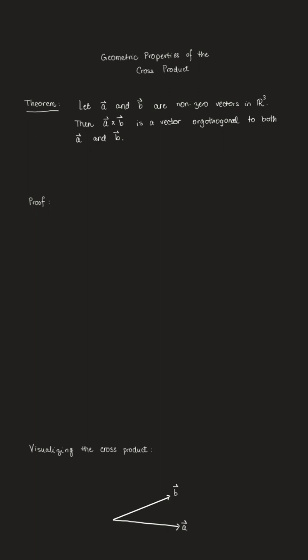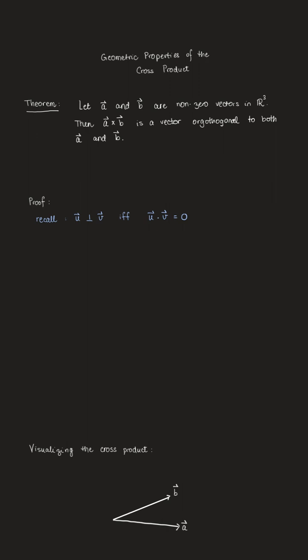Recall that two vectors U and V are perpendicular, or orthogonal, if and only if the dot product between them is equal to 0, because the angle between them is 90 degrees, and the dot product is also defined as the magnitude of U times the magnitude of V times the cosine of the angle between them, and cosine of 90 is 0.